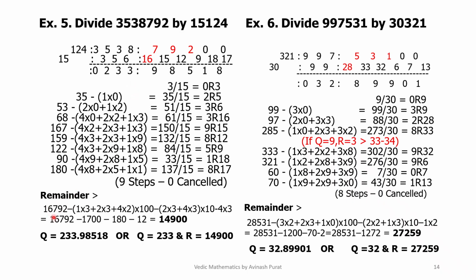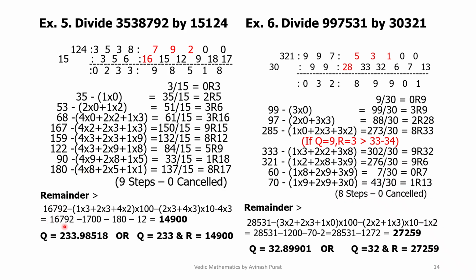Remainder is 16792 minus 1 into 3 plus 2 into 3 plus 4 into 2, into 100, minus 2 into 3 plus 4 into 3 multiplied by 10, minus 4 into 3.